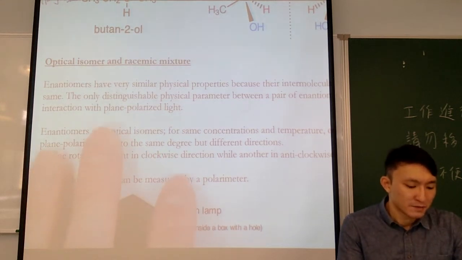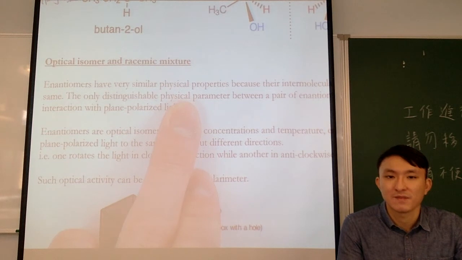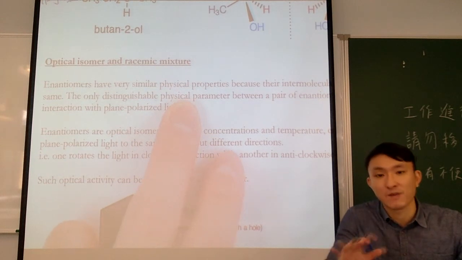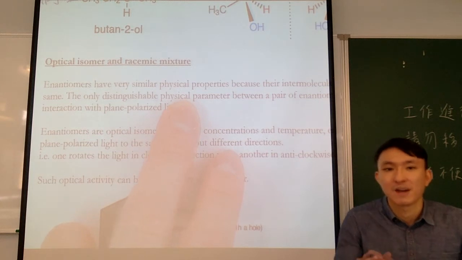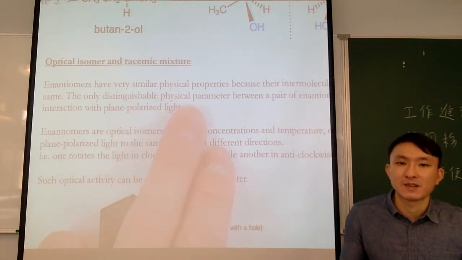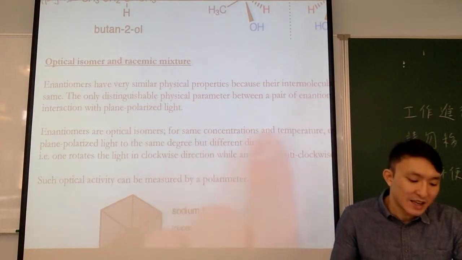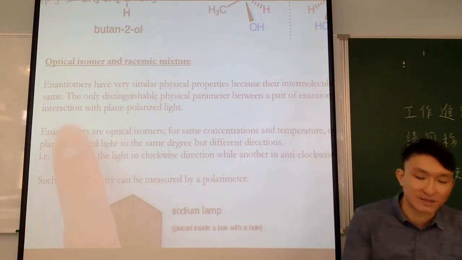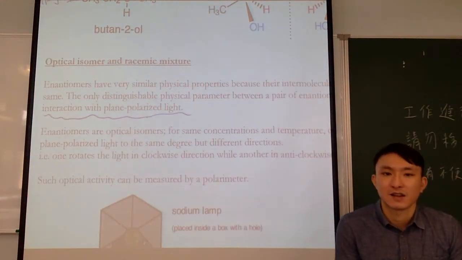Now here, you can't use boiling point, melting point, density, and so on. It doesn't work, they are all the same. But the only physical parameter which allows us to distinguish between two enantiomers is their interaction with plane polarized light. Okay?